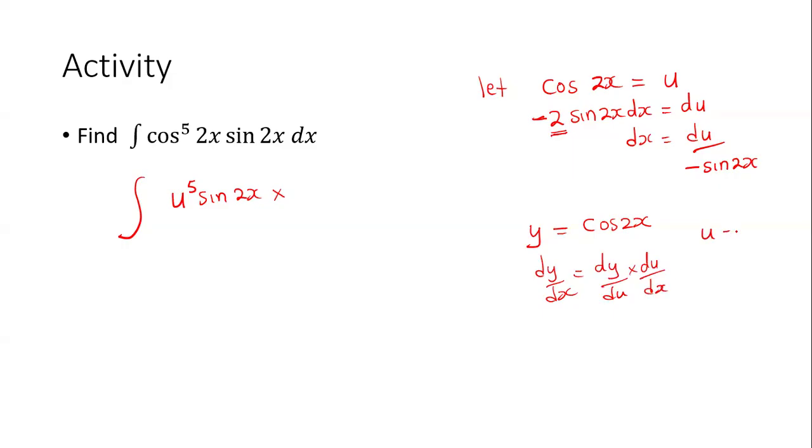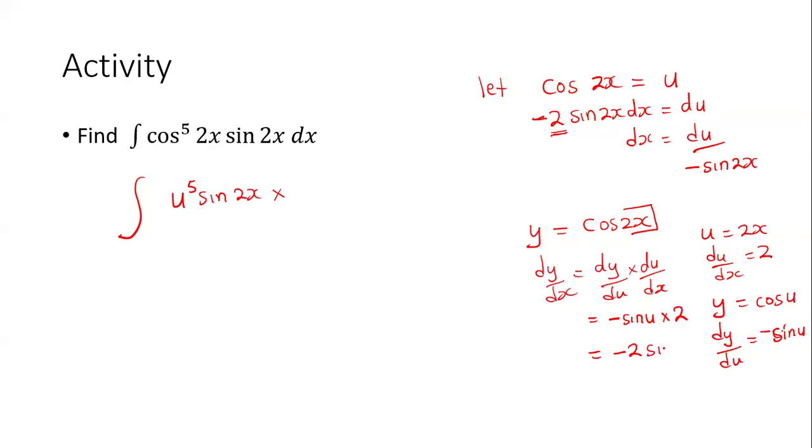Now your u is the angle, which is 2x. So when I differentiate, I get du dx equal to 2. Then my y equals cos of u, meaning that my dy du equals negative sine of u. So when I substitute, dy du is negative sine of u, then du dx is 2, which I can write as negative 2 sine of u. But my u is 2x. So I'll have negative 2 sine of 2x.